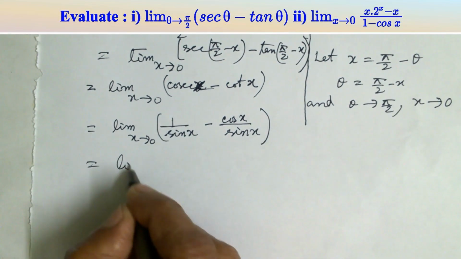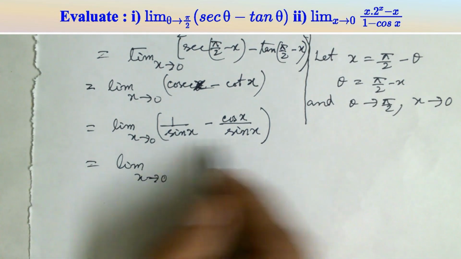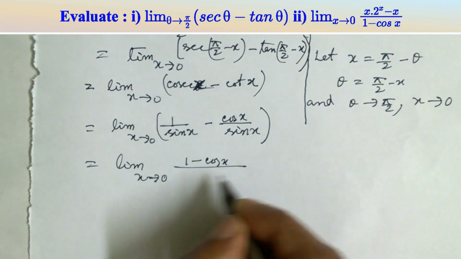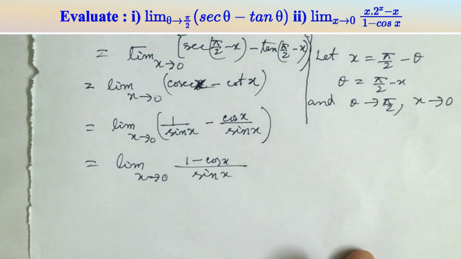So limit x tends to 0. Simplify now: 1 minus cos x by sin x.